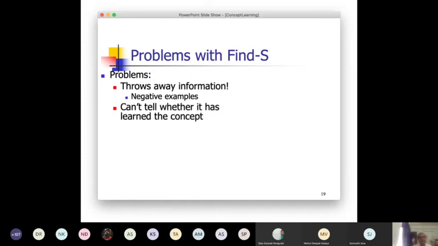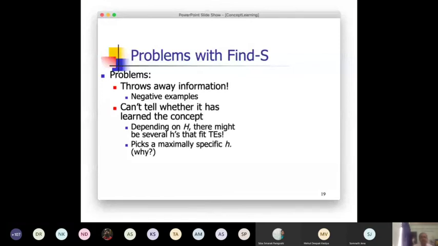So naturally, it is very difficult to say whether it has learned the concept. There are several hypotheses that could fit these training examples, and you can pick a maximally specific one. A maximally specific hypothesis is the kind of specific hypothesis which is maximally satisfying the training examples.